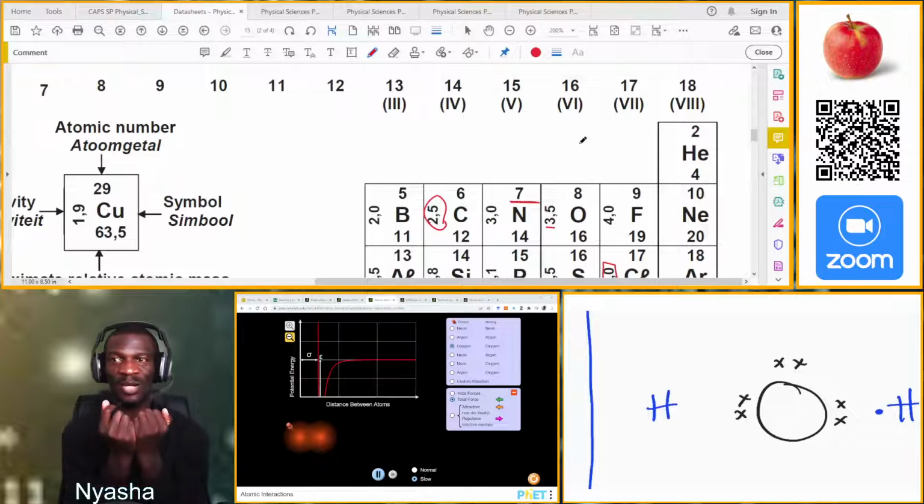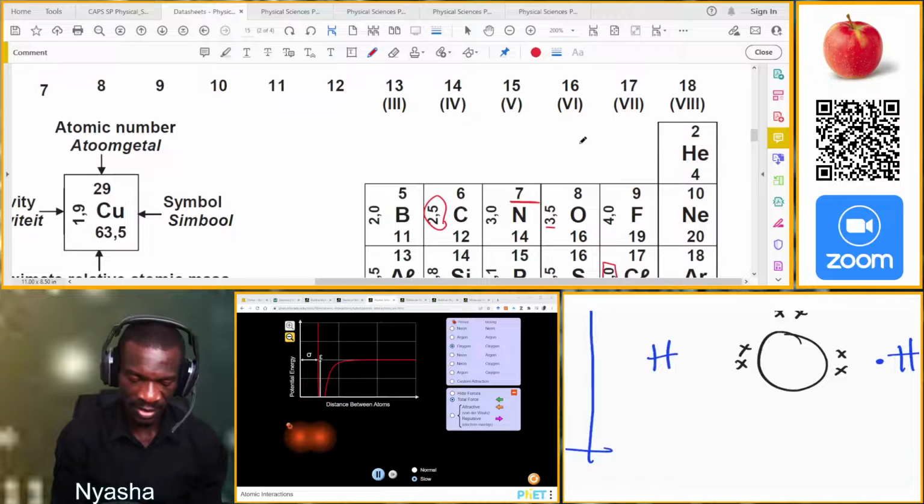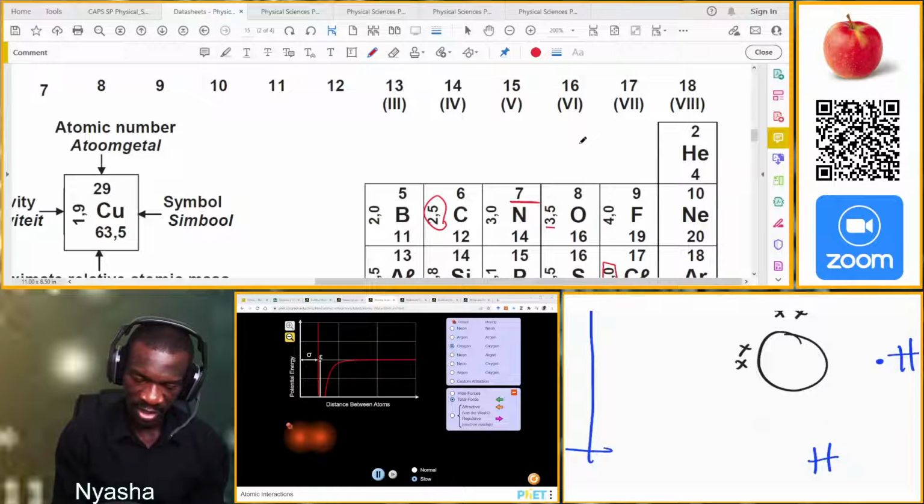So it tends to pull all the bonding electrons to itself. So in the end, we'll just use 2 of these electrons. We can change our diagram so that we have something like that. So let's take this other hydrogen and bring it here with its electron.